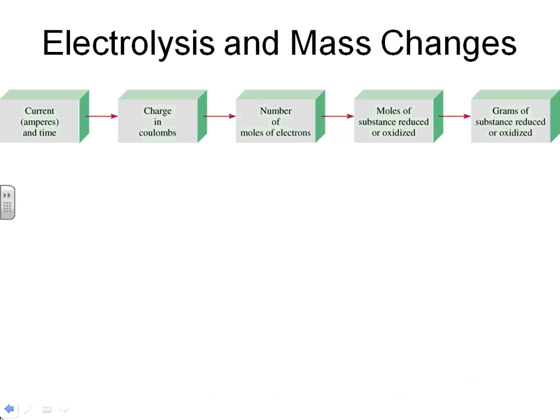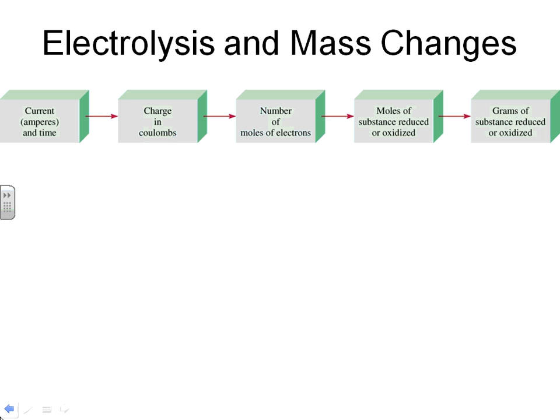Now, electrolysis and mass changes. Electrolysis is very frequently used to generate metals, typically metals that you can't normally get on your own. This is how you could electroplate things in a metal.